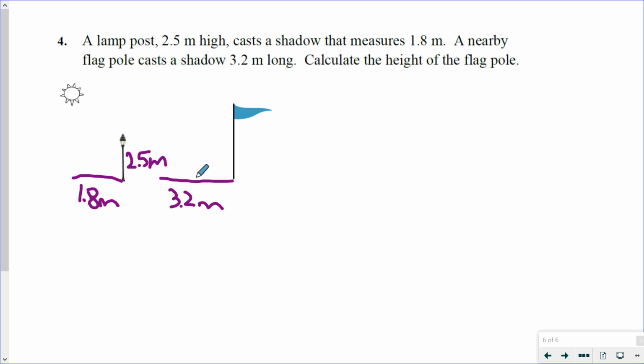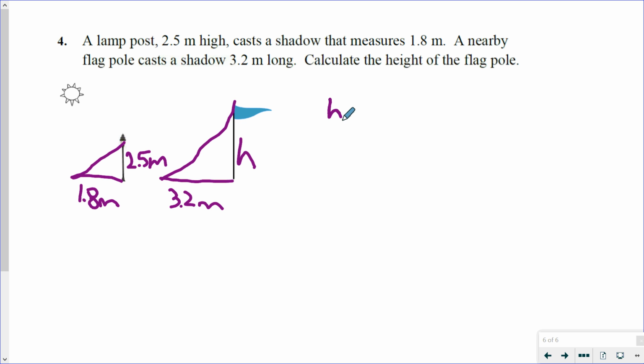And if these two things are happening at the same time, then similar triangles are being formed. So I am going to connect them together the best I can. Calculate the height of the flagpole. So we're looking for the height of the flagpole. So we can set up a proportion.